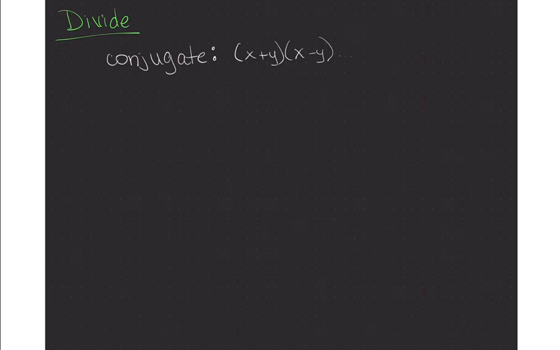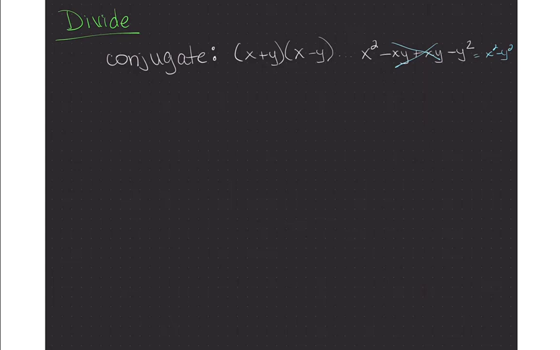So then ultimately, if you were to multiply these two out, I'm just going to do it real fast, you'd get x squared, and then you would have minus xy, then plus xy, and then minus y squared. And then the minus xy and plus xy, those cancel. So you lose those middle terms, and you're left with x squared minus y squared, which are perfect squares, right?